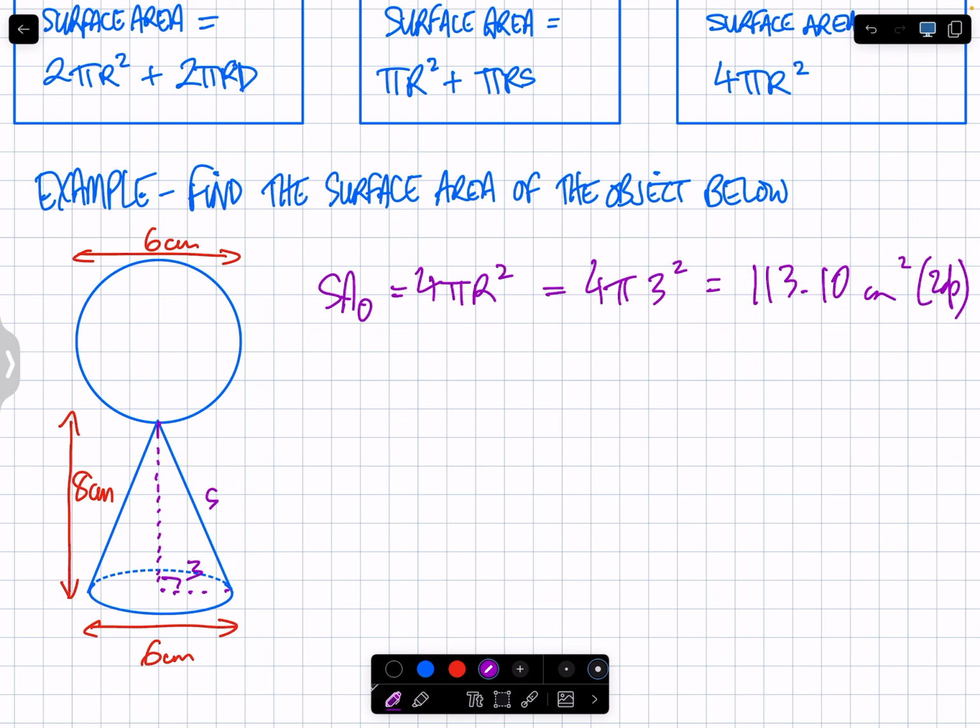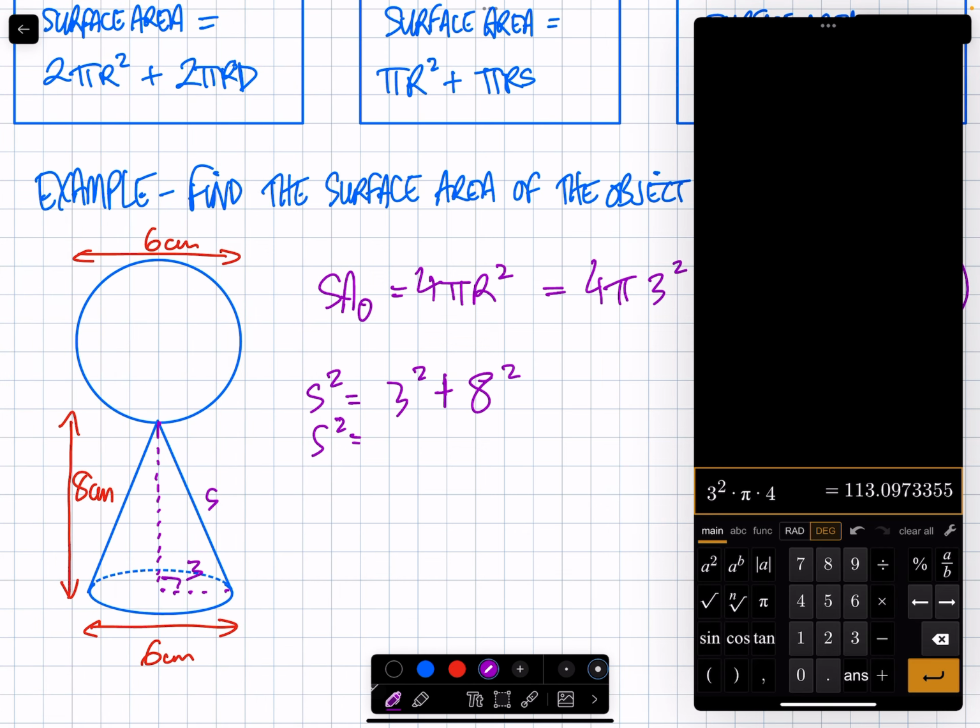So I'm going to go S. I don't know what it is right now. But according to Pythagoras, S squared is going to be 3 squared plus, how tall is the cone? 8 squared. So you can grab your calculator out. 3 squared plus 8 squared is 73.